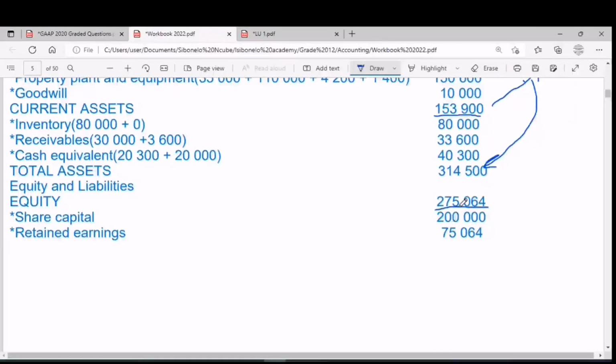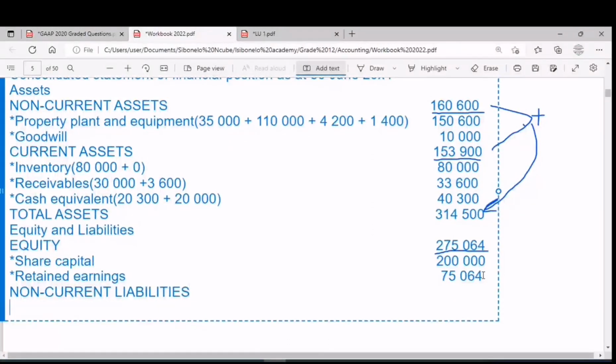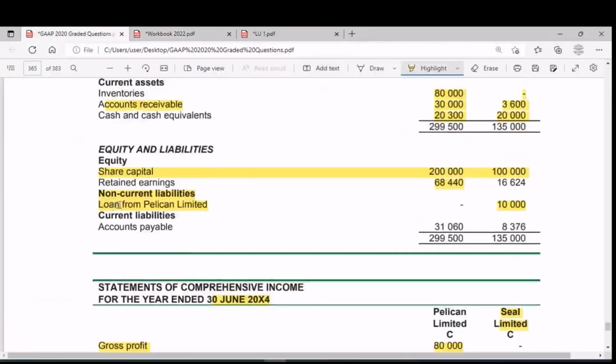And then the liabilities section, which we are going to do. So liabilities, we go to non-current and current. Under non-current liabilities, we have a loan from Pelican at 10,000 and we eliminated the loan at 10,000.